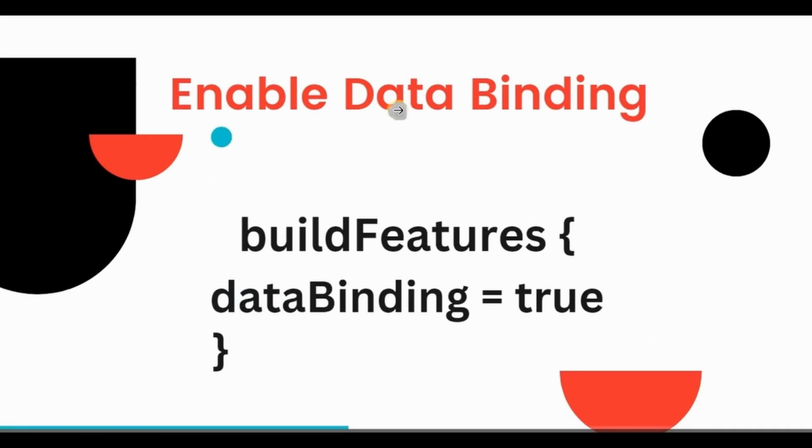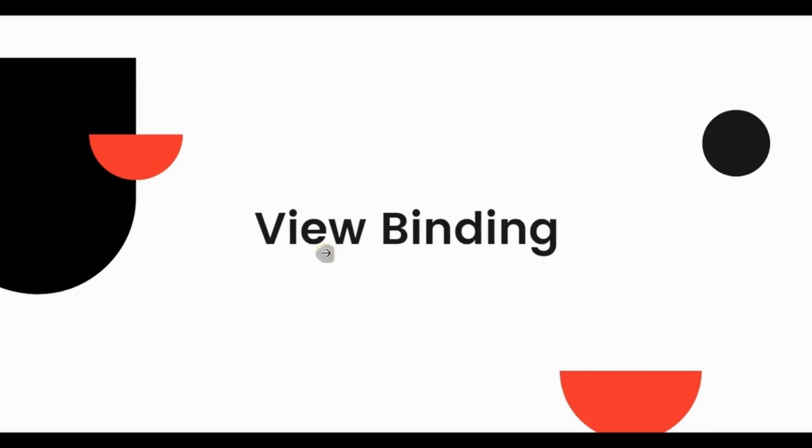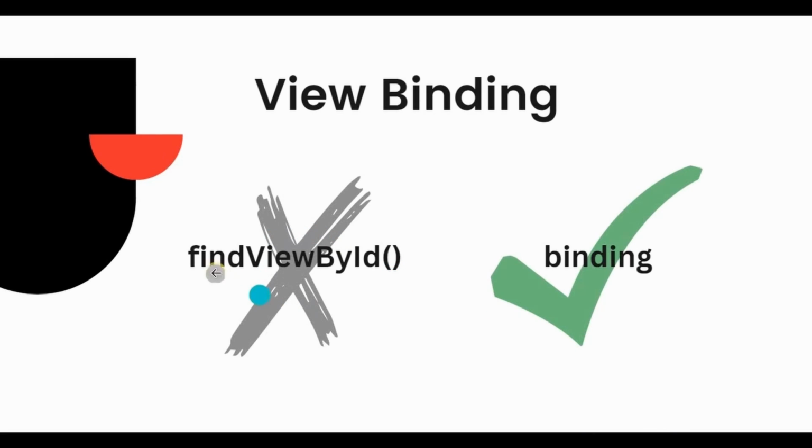Got it? This is how we enable data binding in the Gradle module: buildFeatures, and inside it dataBinding is equal to true. Now next is what is view binding. See, view binding is a feature that simplifies the process of interacting with UI components. Basically, it replaces the findViewById method.